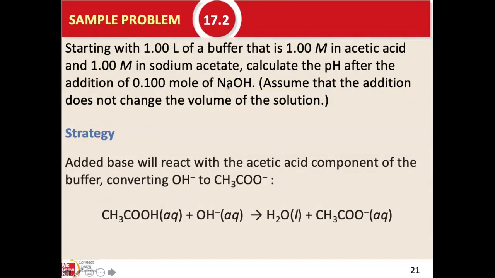So when we're adding this base, NaOH is a strong electrolyte that will make Na plus, 0.1 mole, and 0.1 mole of OH minus. So OH minus in a solution of this buffer solution will find the acid, and this acid will neutralize this OH minus, and it will make a little more of the conjugate base.